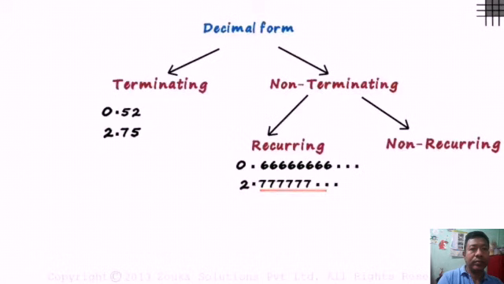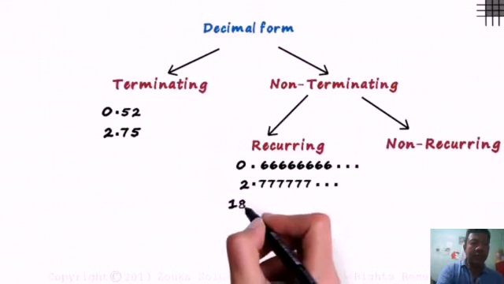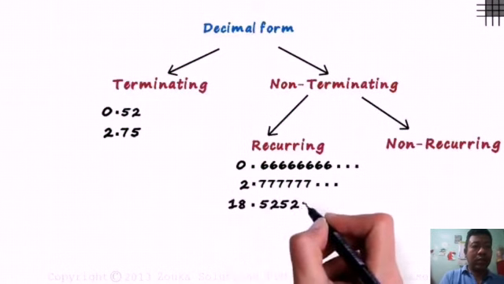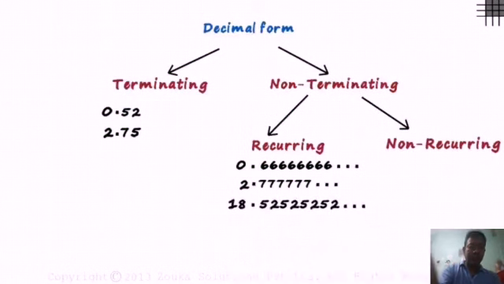Now let us take another example. 8.525252 and so on. Here the digits 52 are repeated again and again indefinitely.